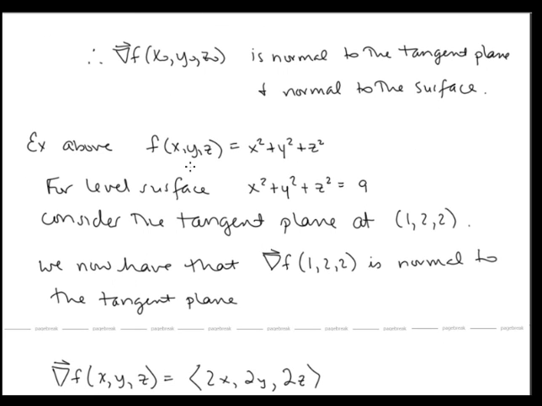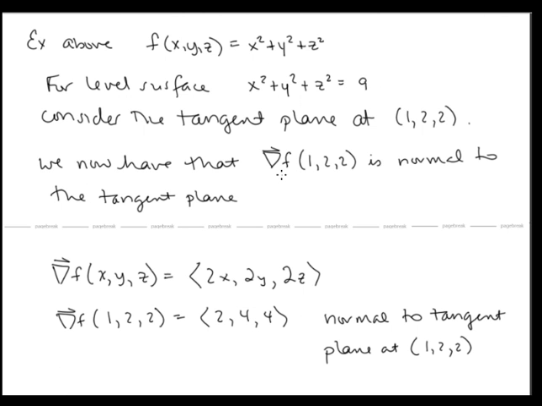So for the example that we had above with the spheres, f of x, y, z is equal to x squared plus y squared plus z squared. For the level surface x squared plus y squared plus z squared equals 9, consider the tangent plane at 1, 2, 2. We now have that the gradient of f at 1, 2, 2 is normal to the tangent plane. So this is an easy way to find a normal vector to the tangent plane to the surface at this point.